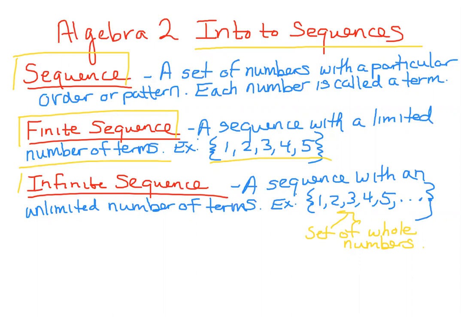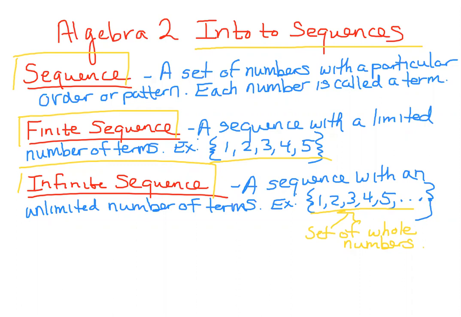And then we have an infinite sequence, which is a sequence with an unlimited number of terms. The example would be 1, 2, 3, 4, 5, ... just keeps going forever to infinity. And that set, the set of whole numbers, is an example of an infinite sequence. So today we are talking about sequences in general.